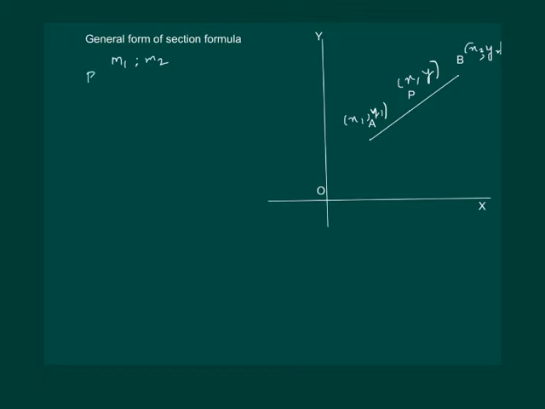That is, we are saying PA by PB is equal to m1 by m2. Our next step will be to draw perpendiculars from point A, P and B on x-axis. Name them R, S and T respectively. Also draw a perpendicular from A on PS and P on BD.